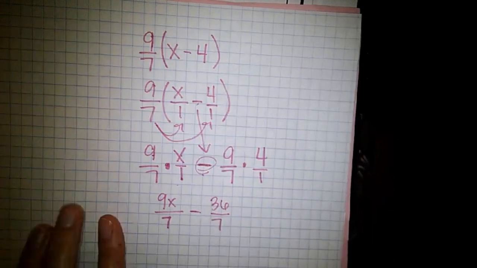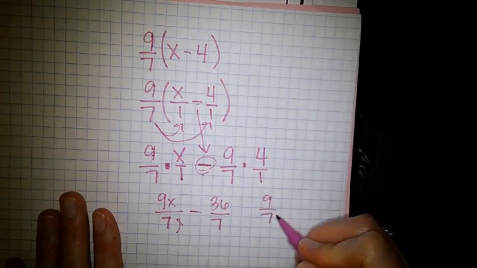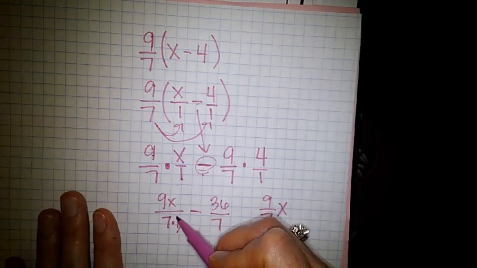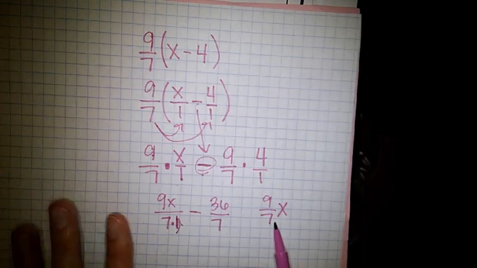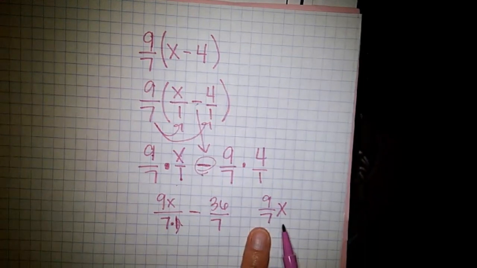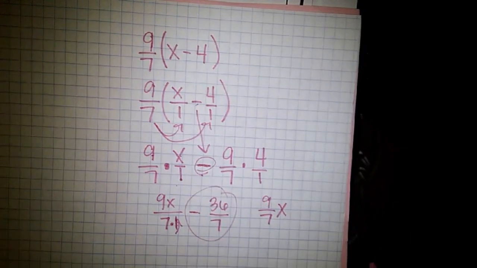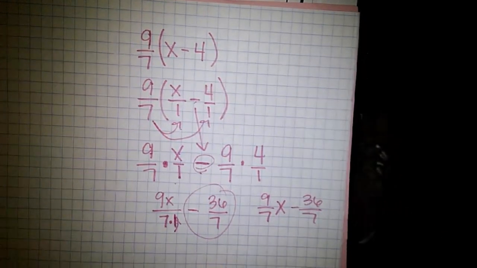We can rewrite this as 9 over 7 times the value of x, because it's the same thing, because look, there's a 1 right here. x is over 1. 9 is over 7, x is over 1. So because we can do that, we can write it as 9 over 7 times x. And then we can't simplify this unless we wanted to make it a whole number, so just leave it as a fraction for right now. Minus 36 over 7.